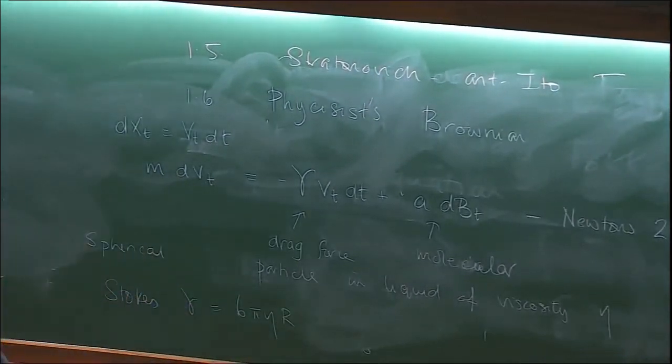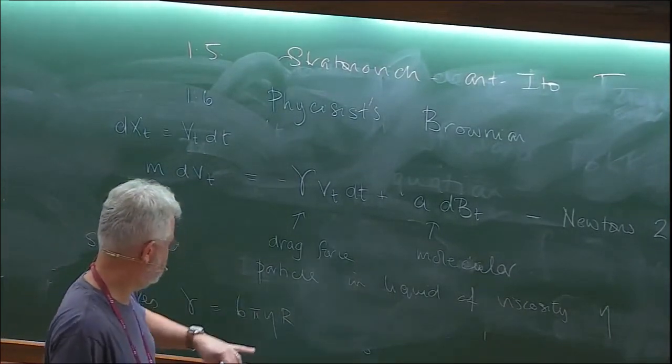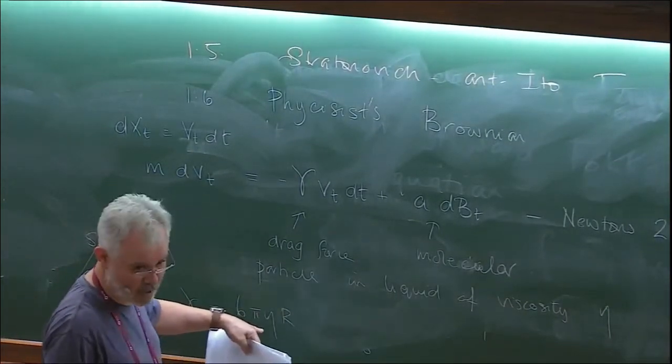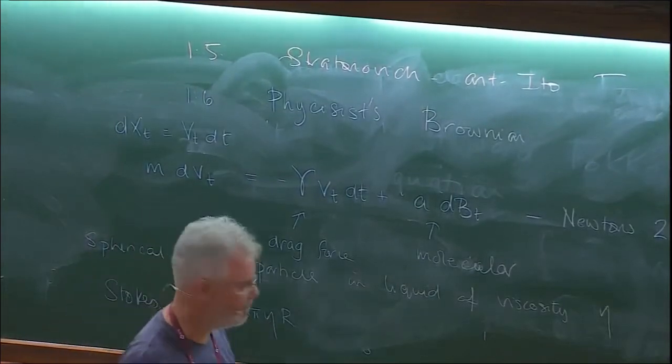But r is the particle radius. Basically this calculation is very complicated if you look at most textbooks. So this is the viscosity, r is the particle radius.